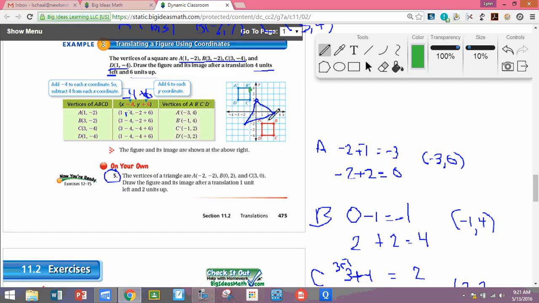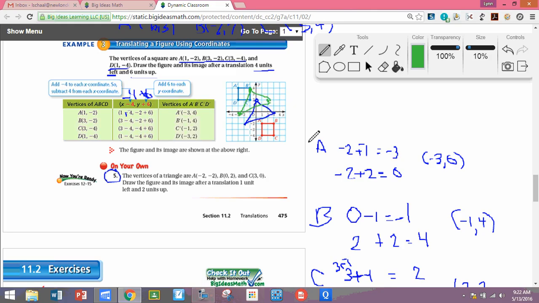And then 1 left and 2 up ends up being right here on -3, 0. And then 1 left and 2 up ends up being 2, 2, right there. And then there is your translated triangle.